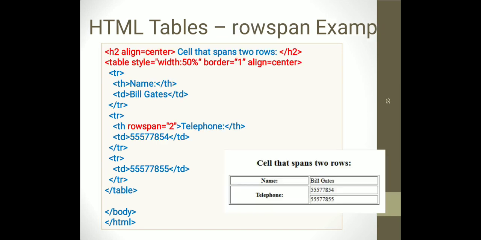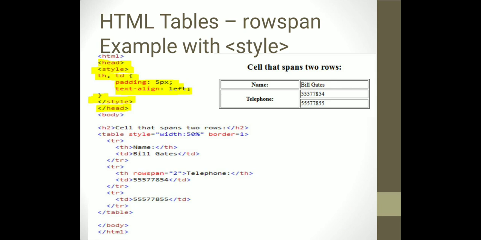Okay, then a rowspan example is also given, and the example with style, like if you want to use rowspan plus in the next cell, you just want to go on in the normal style, so that can also be used. And this we have seen with another example of rowspan with the HTML style tag.